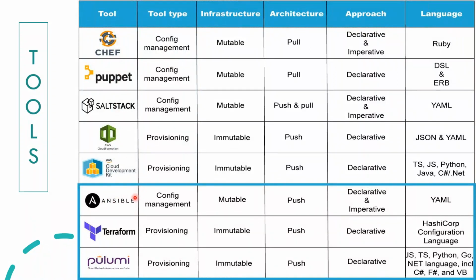Ansible is one of the very popular tools in the recent past. And when it comes to provisioning the infrastructure, we use AWS cloud native tools like CDK, CloudFormation, Microsoft Azure related tools like ARM templates, Bicep, and then we also have Google Deployment Manager. Here we have a couple of very popular third-party tools like Terraform and Pulumi, which are used for provisioning.